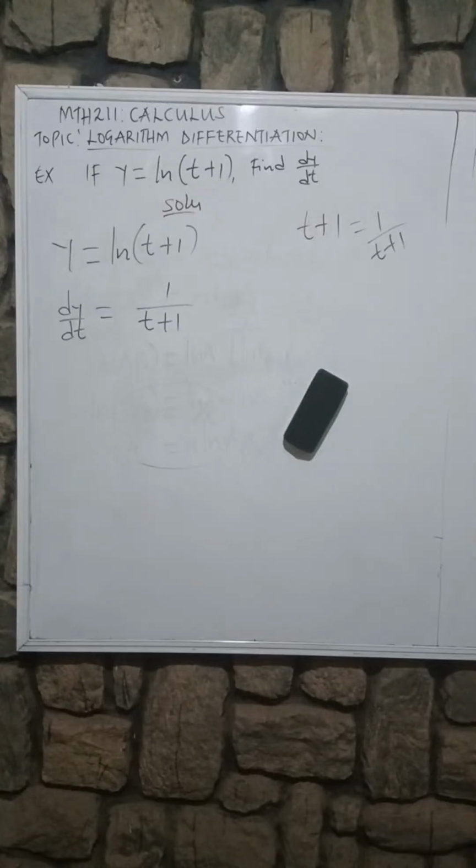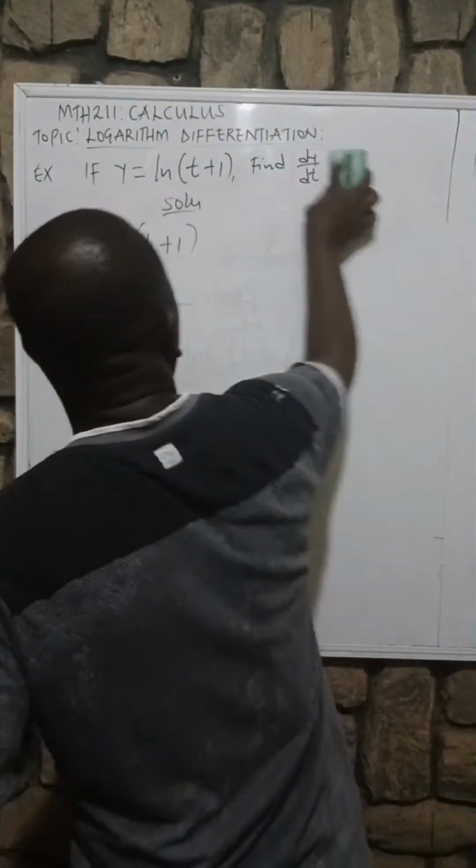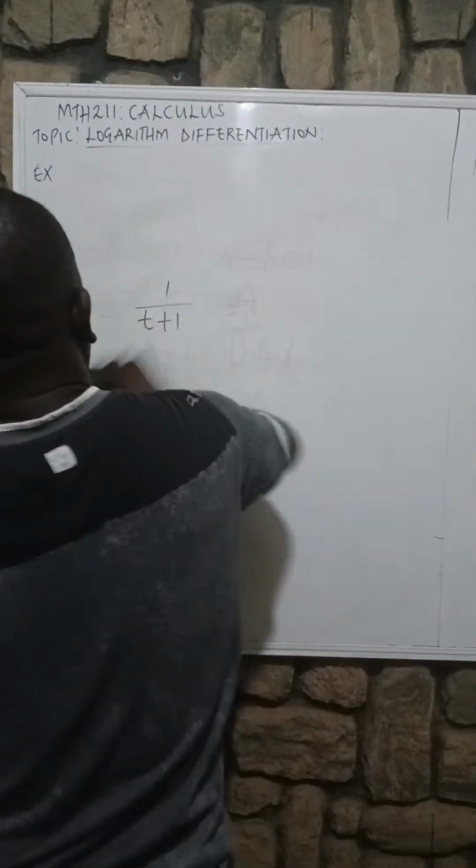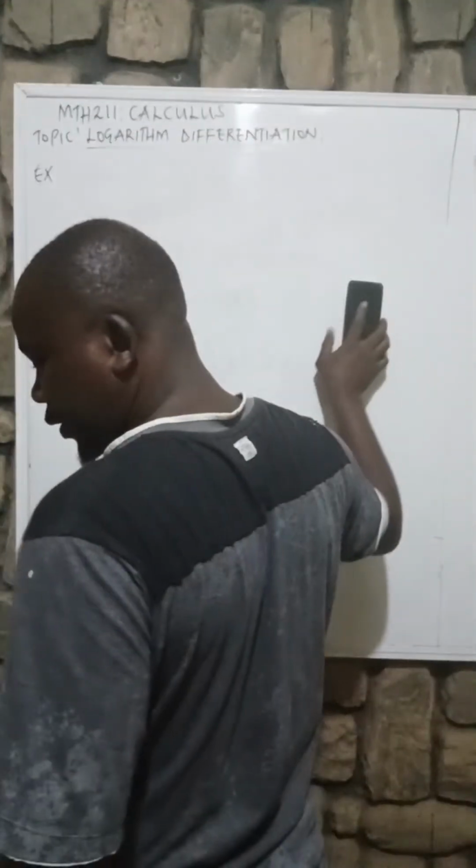Okay, there is no question. Go ahead to differentiate some problems. Is that clear? Okay. There are no questions. Let's proceed, right? Let us proceed. I have here some questions.